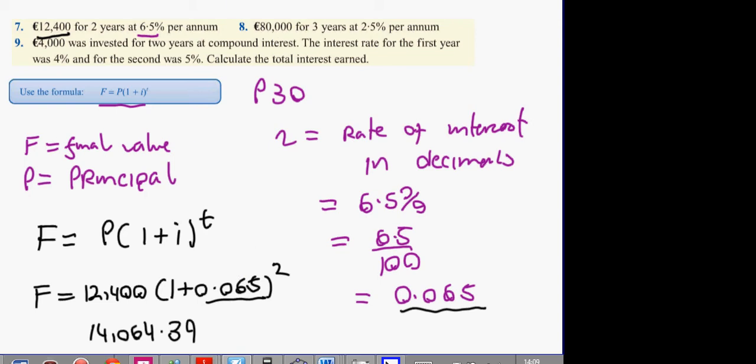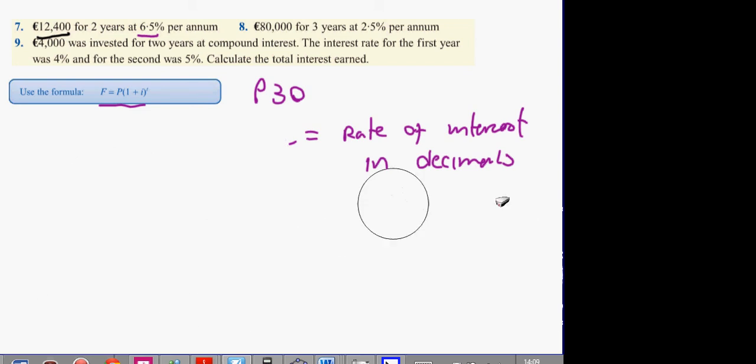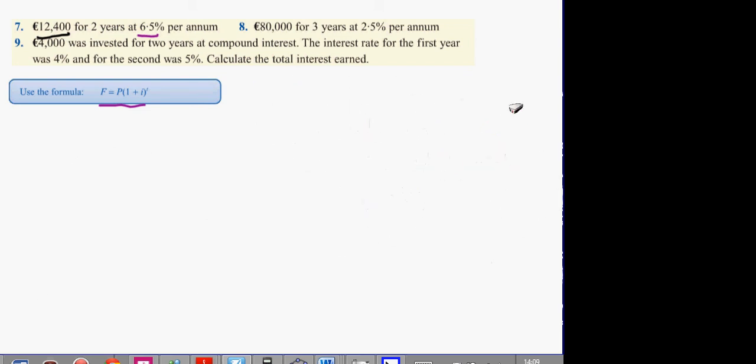So guys, next one we're going to do is number 9, okay? Number 9 is slightly different from number 7. The reason why it's different is it has different rates for different years, okay? So, €4,000 invested for 2 years of compound interest. The interest rate for the first year was 4%. So, when you invest, that's 100%, okay? Then we got to add on 4%.